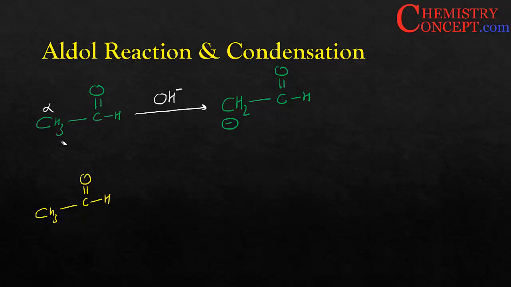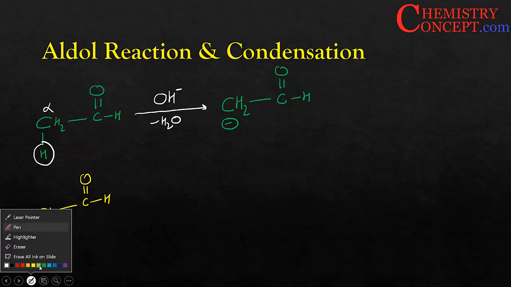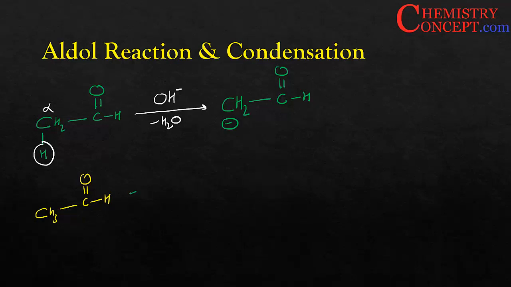How do we get this minus? One of the alpha hydrogens has been removed. This OH took this alpha hydrogen with it, resulting in formation of this anion. Now, in step number 2, the anion which was formed in the first step will attack the carbonyl carbon of another aldehyde molecule.